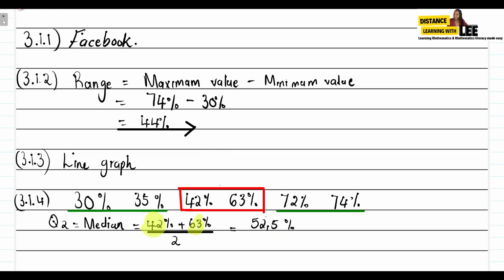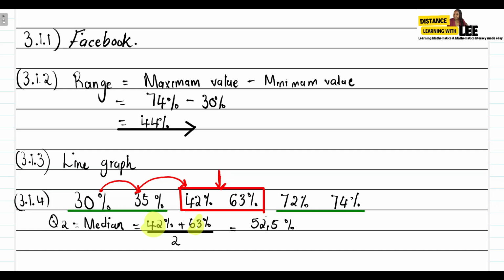Let's count: 1, 2, 3. That's our third position, and the 0.5 means our median is in between 42% and 63%.